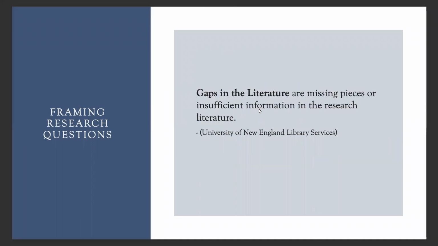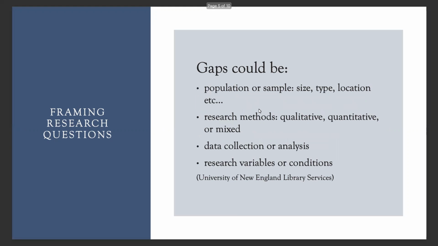So gaps in the literature are missing pieces or insufficient information in the research literature, by which we mean that sometimes gaps could be the population or the sample size of the study, for example.